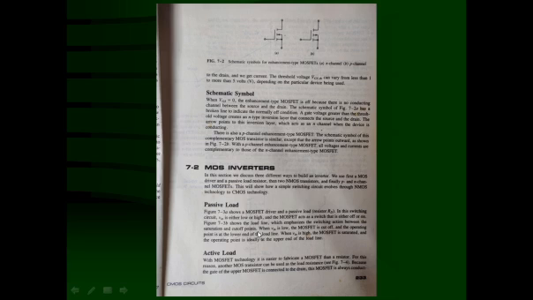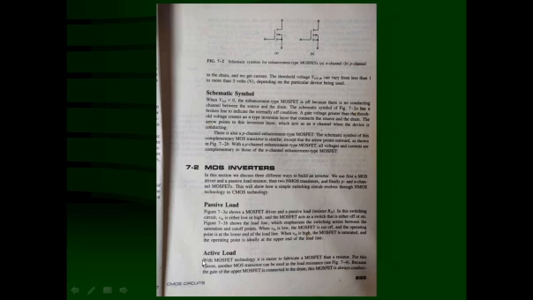Similar to a BJT, when Vin is low, the MOSFET is cut off, and the operating point is at the lower end of the load line. When Vin is high, the MOSFET is saturated and the operating point is ideally at the upper end of the load line.